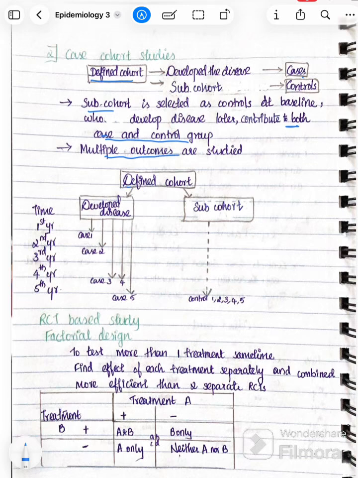Again, the same defined cohort, and at baseline, at the start of the study only, we are going to select a part of the people from this defined cohort as controls. They might develop the disease in future, it doesn't matter. At the end of the first year case 1, second year case 2, fourth year cases 3 and 4, fifth year case 5. We have selected these controls already at the beginning of the study.